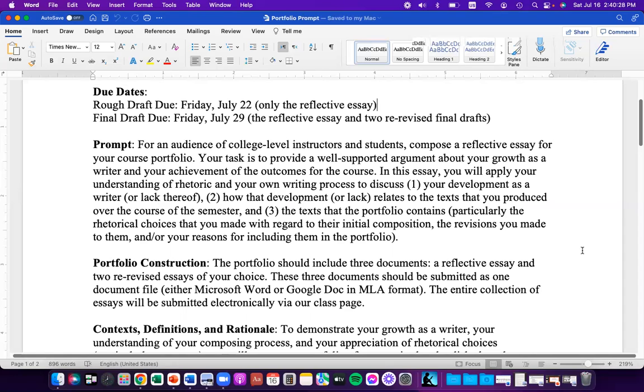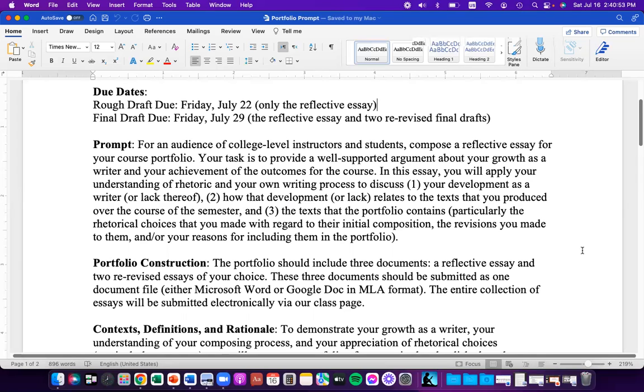So in this reflective essay, you're going to be applying your knowledge of the writing process. You're going to think about how you developed as a writer, or your lack of development maybe, and how that relates to the essays that you've been writing over the course of the semester.